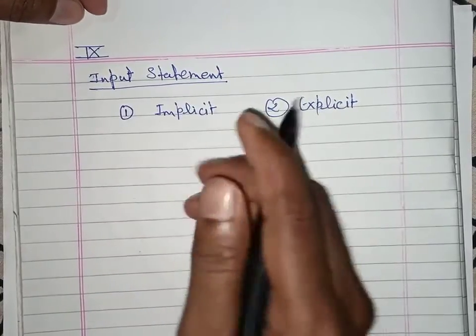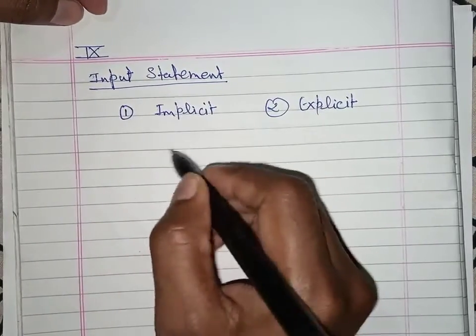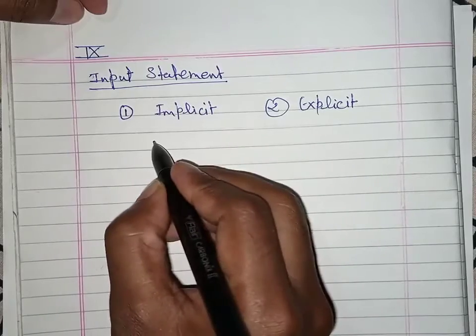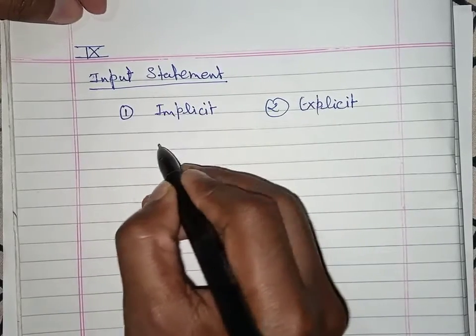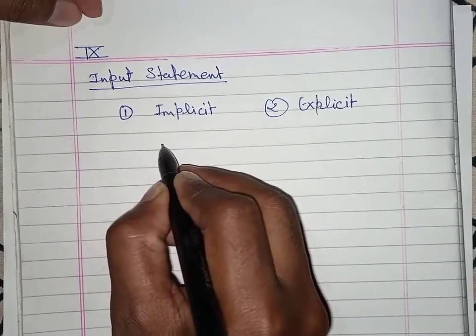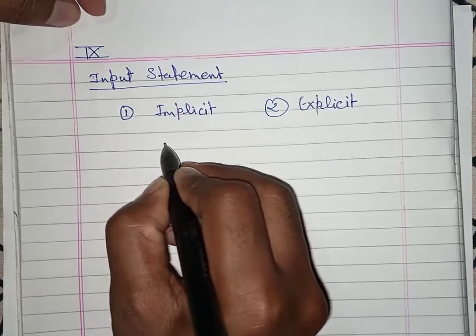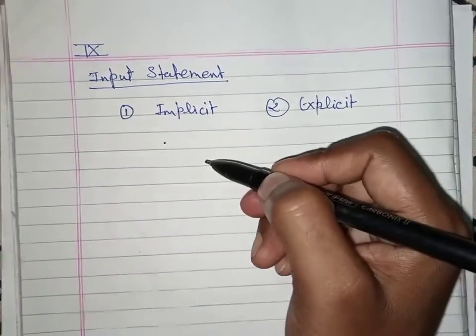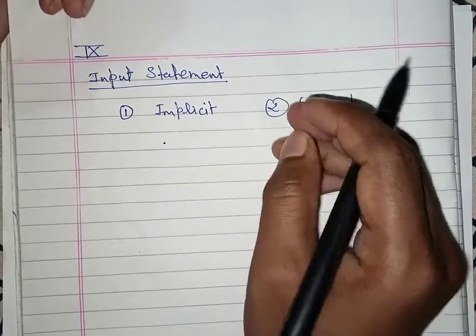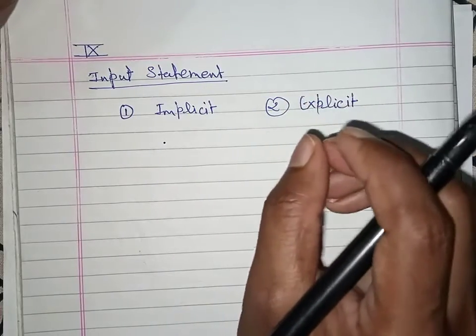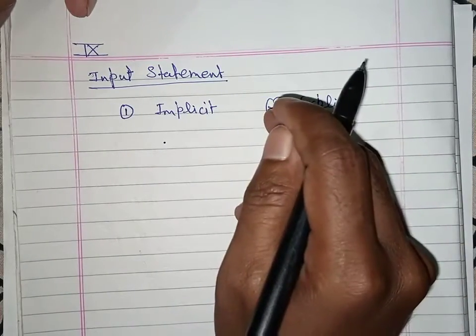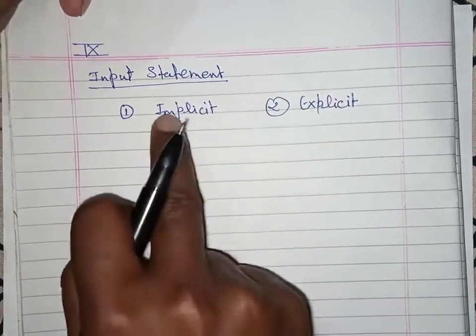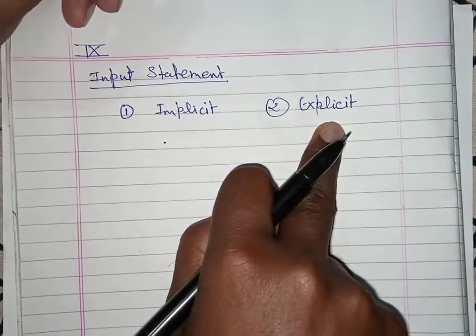Using an example I am going to tell you this. Suppose we have a variable and we want to store a value into that variable, then there are two ways. The first one is this and the second one is this.